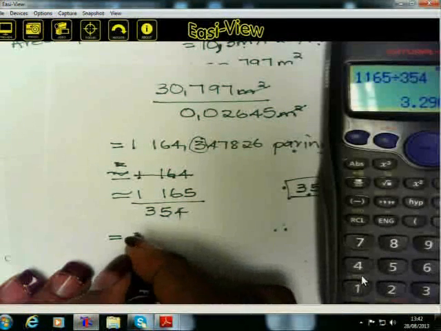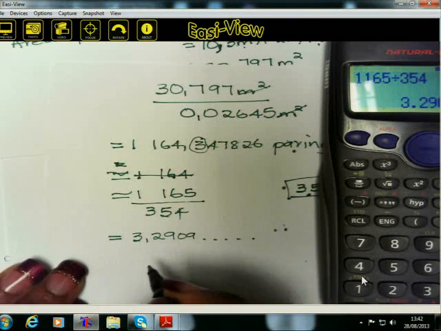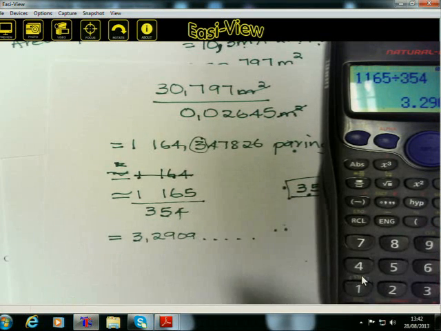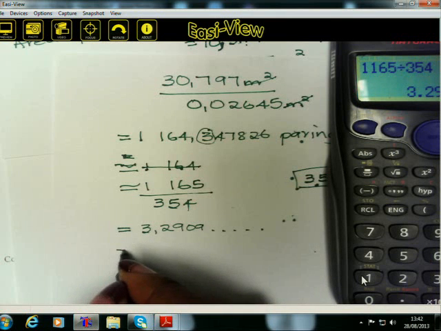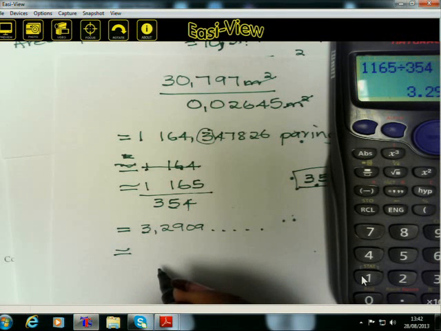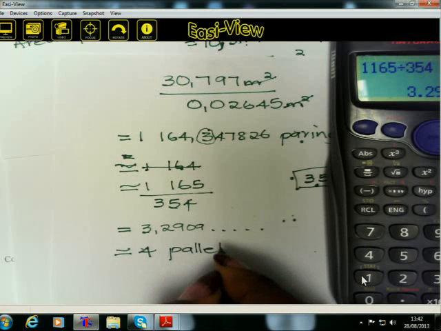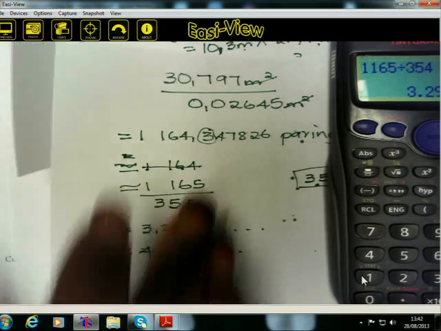We get an answer of 3.2909 and so on. But now, like I said earlier, we cannot buy half a pallet of bricks. So we will have to round up because you want your driveway to be completely paved. So that means we will buy 4 pallets. And that is our answer for question 4.2.